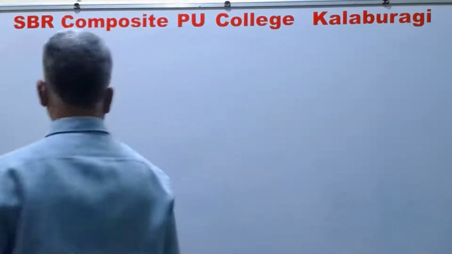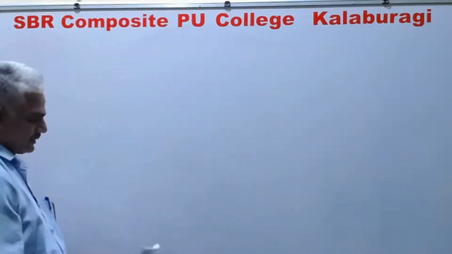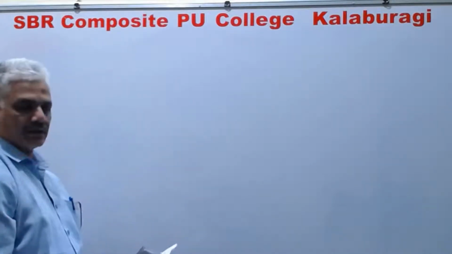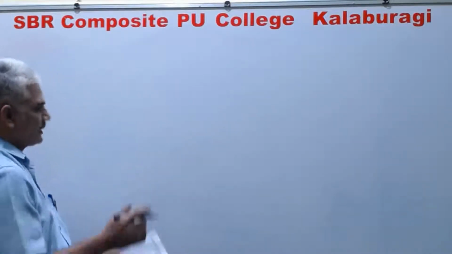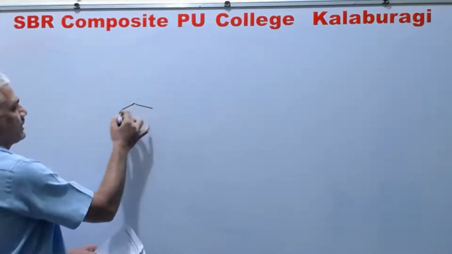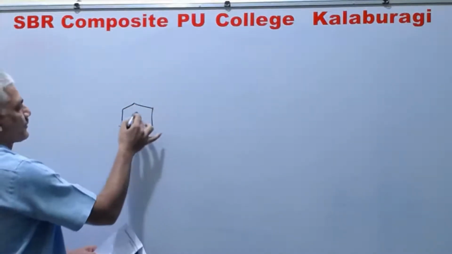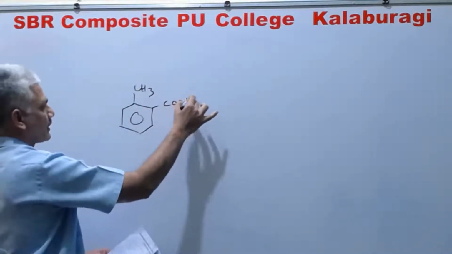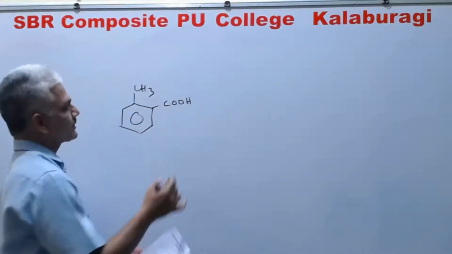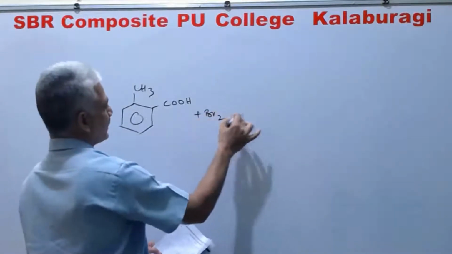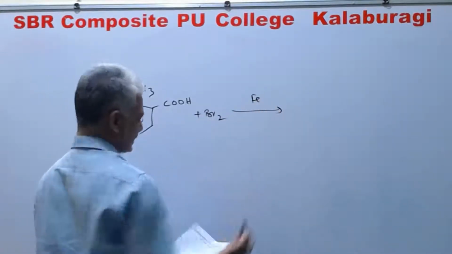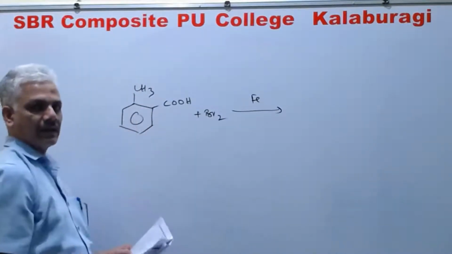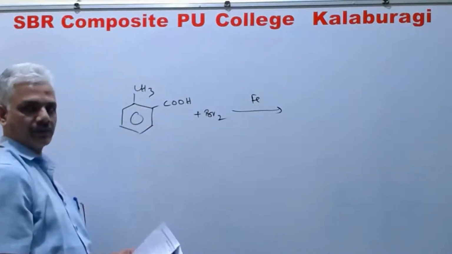So, the first question: ortho-toluic acid on reaction with bromine in the presence of iron gives. Ortho-toluic acid means this. When it reacts with bromine in the presence of iron as catalyst, the methyl group will act as an ortho-para-directing group.